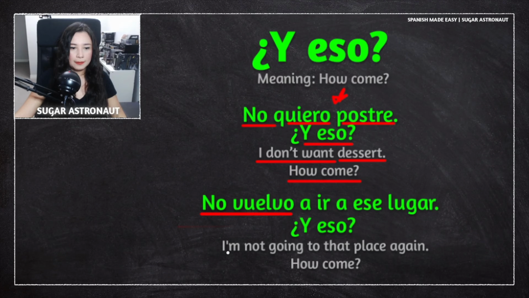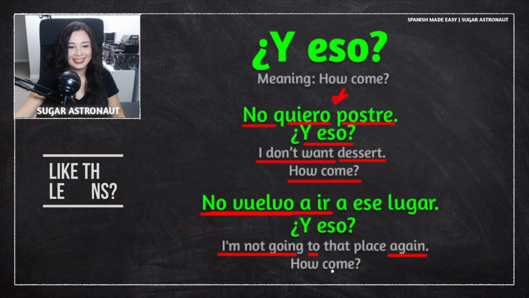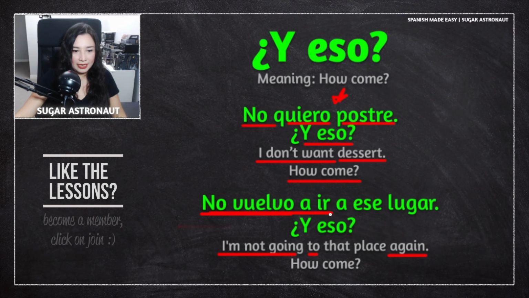It's tricky because when you say no vuelvo a ir, this whole sentence means I'm not going again.